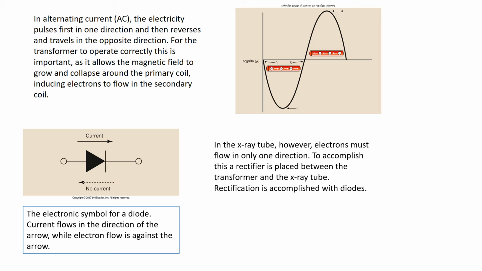It's a little bit confusing, but just look at the drawing. Current flowing one direction, what do we know about electron flow? It's in the opposite direction. So current flows with the arrow, electron flow is against the arrow.